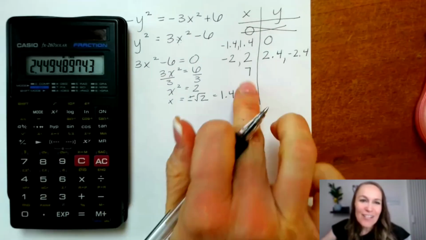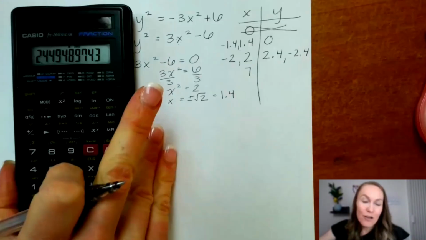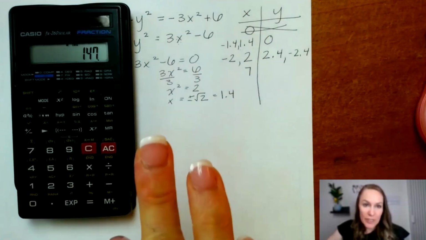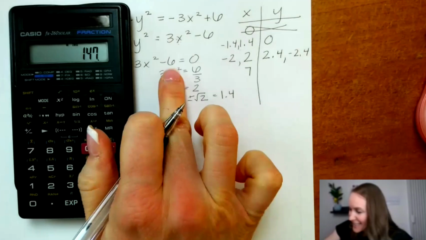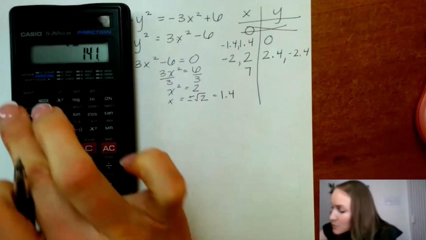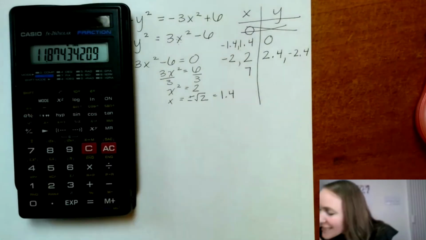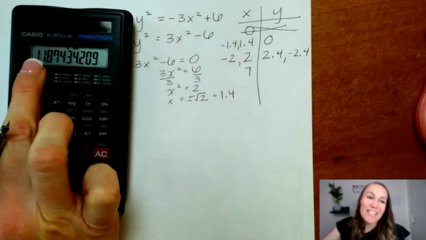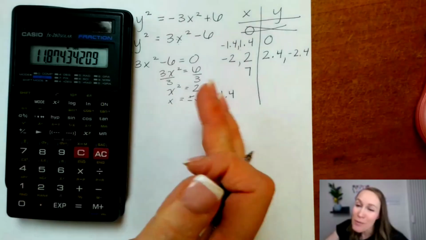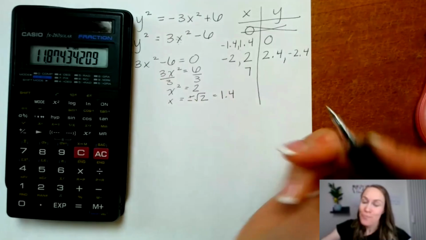And 7 squared is 49. 49 times 3 is 147 minus 6, and then we're going to take the square root. And I'm a little worried. It's more than 8, so that's going to be off our graph. So that's probably not a good value to choose.